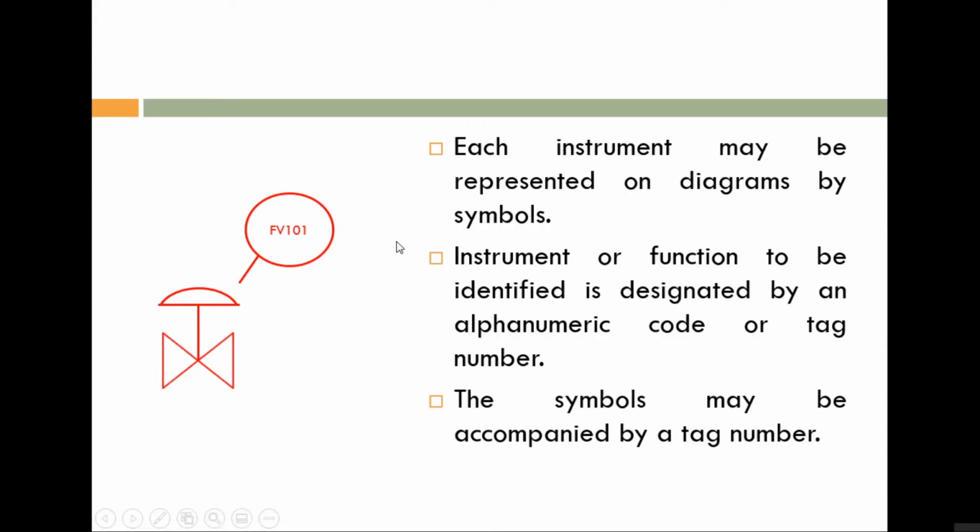Here on the left side you can see a symbol and tag number. The pictorial part including this circle is the symbolic representation, and this alphanumeric part is the tag number. So an instrument is identified by using both this symbol and this tag number.